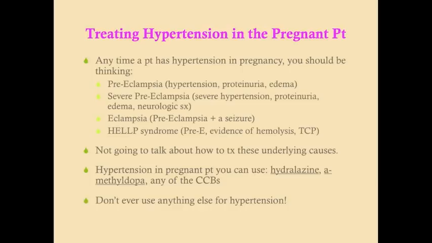But particularly hydralazine or alpha-methyldopa. So the best way to think about it is use those three: hydralazine, alpha-methyldopa, or any of the CCBs. One of those will be the right choice.